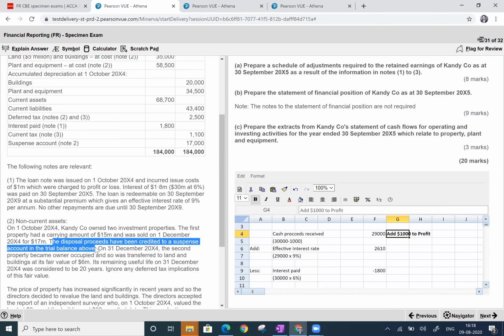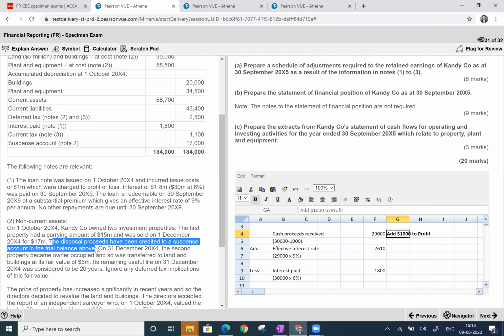On 31st December X4, the second property became owner-occupied property. So it was transferred to land and building at fair value of 6 million. Wow. So what happened? The second was an investment property. It became an owner-occupied property. It's the opposite.